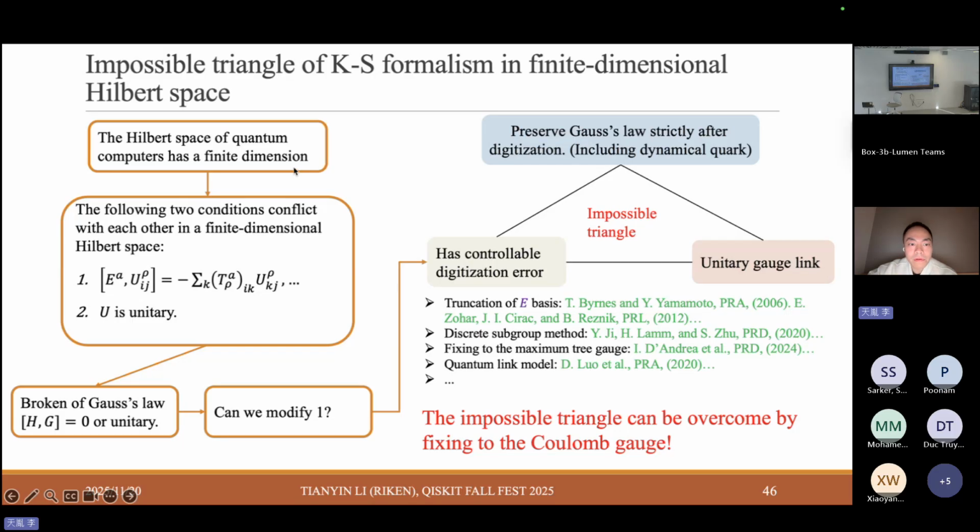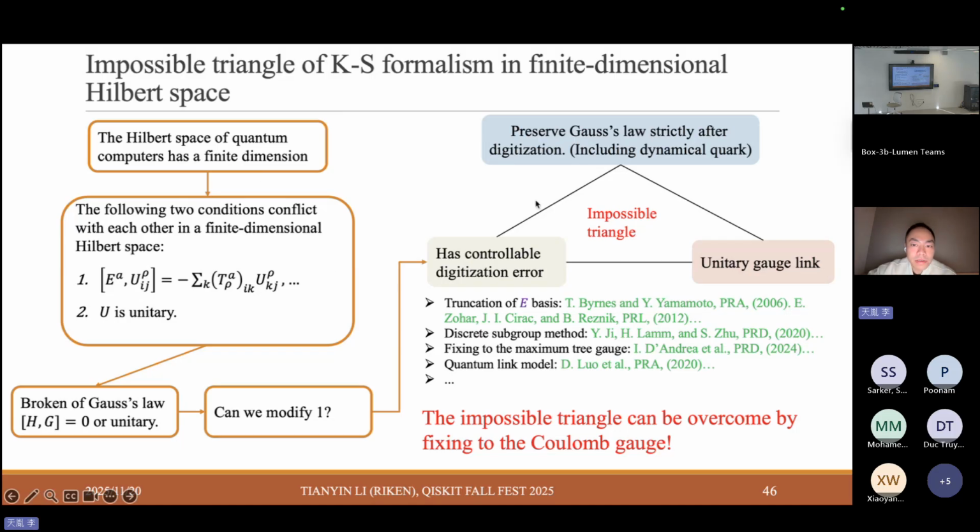However, if we want to simulate the Kogut-Susskind formalism on a quantum computer, we need to truncate the Hilbert space of the gauge fields. That is because the Hilbert space of the quantum computer has a finite dimension.